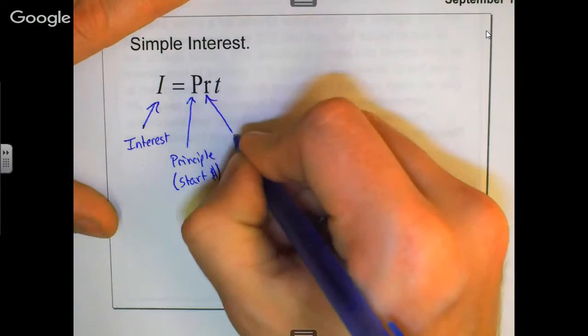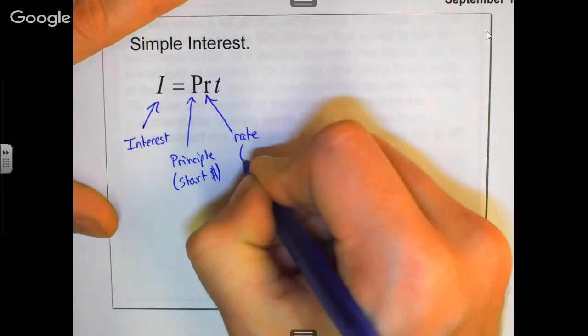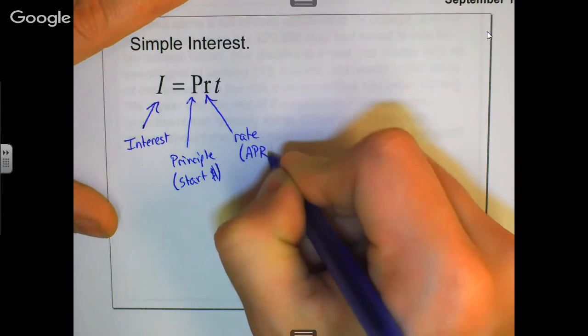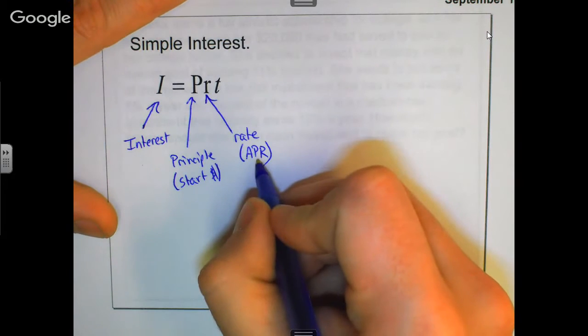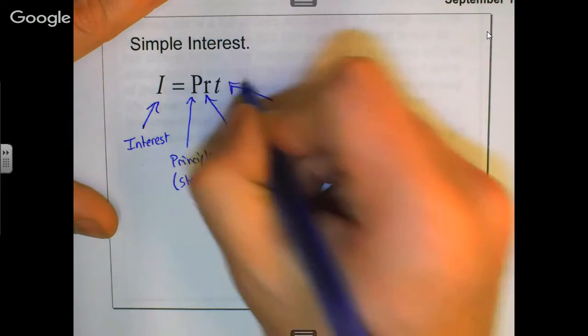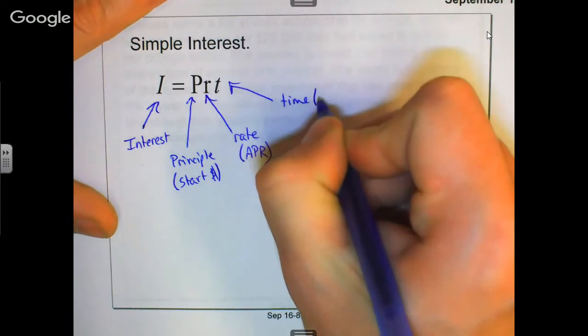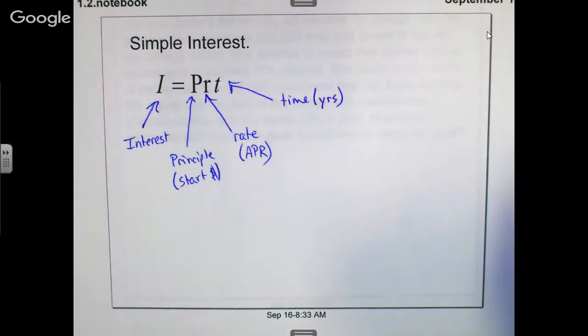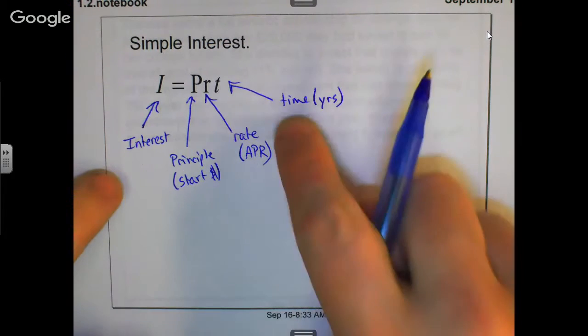R is rates, your interest rate, your annual percentage rate, it is in years, and T is time. Time is also in years, okay? So that just kind of outlines what everything is.